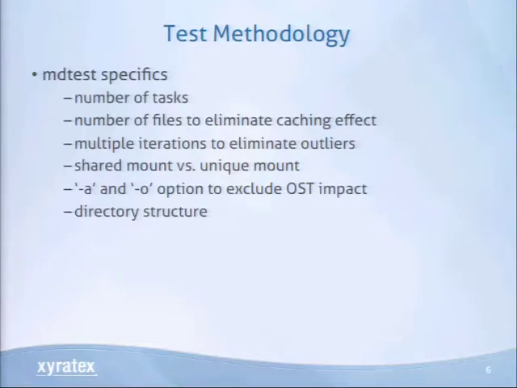The last one is directory structure. You can try a single shared directory, or you can use distinct directories for each task. The latter will get better results. Also, there are some other parameters you can use to manipulate the tree that MD test is going to generate: the fan out, the depth.